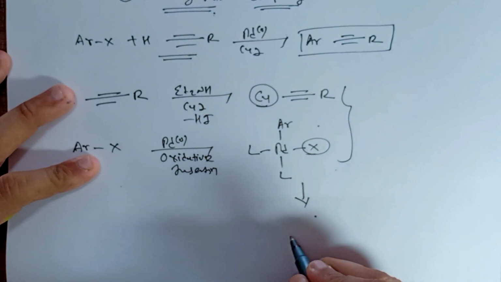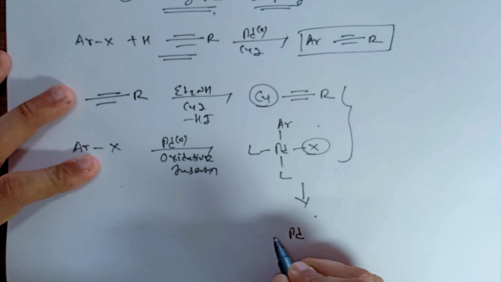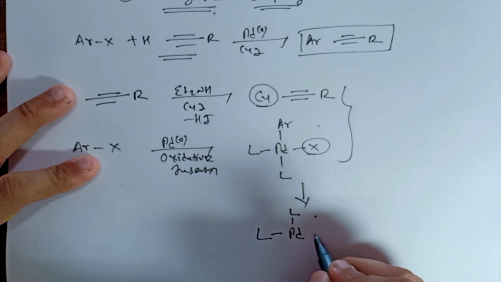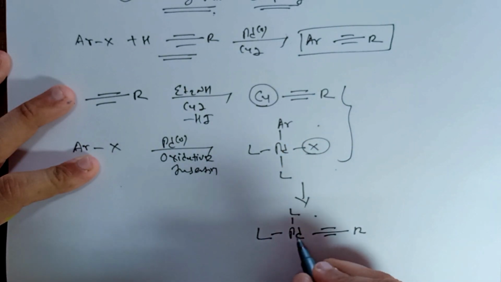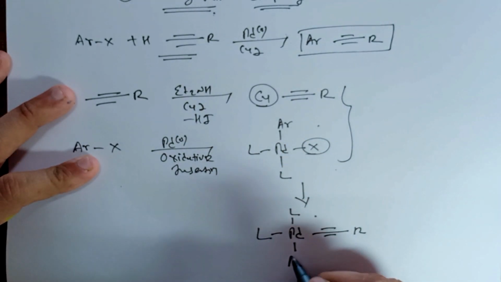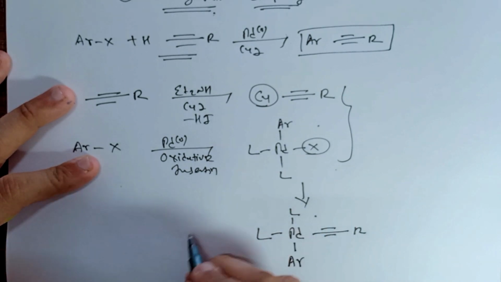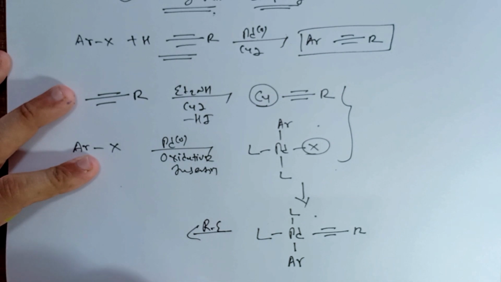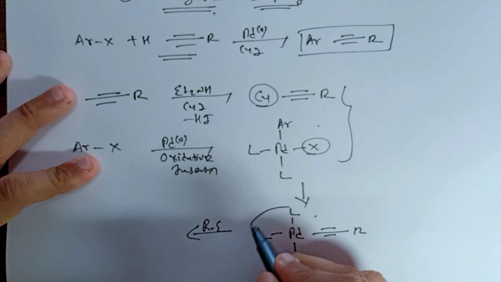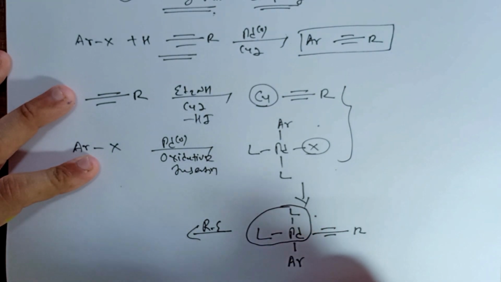Now here we are having this type of product, that is a palladium over here. Here we are having ligand over here. Triple bond over here, so there is C triple bond C. Here we are having an aromatic ring. Now in the last step, reductive elimination will be taking place. So this palladium and ligand part will be removed from the reacting material.